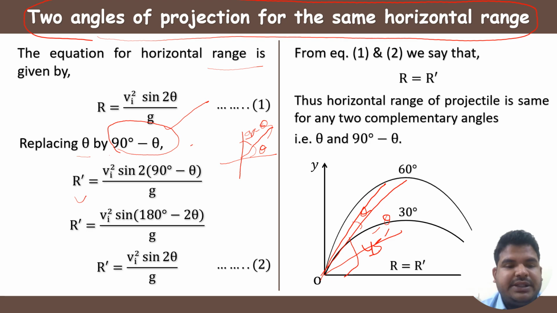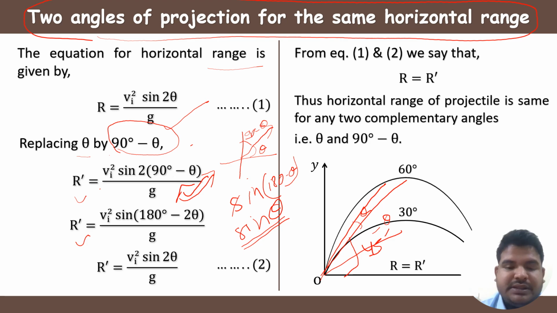Theta is 90 minus theta. R dash is equal to v square sin 2 into 90 minus theta upon g. R dash is v square sin of 180 minus 2 theta upon g. As you know very well, sin of 180 minus theta is sin theta only.